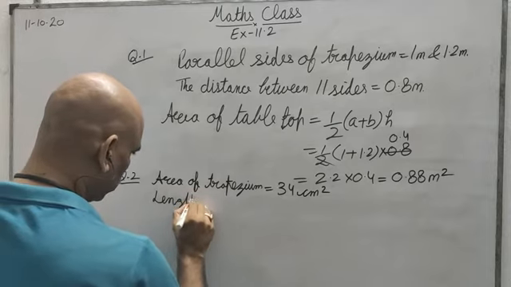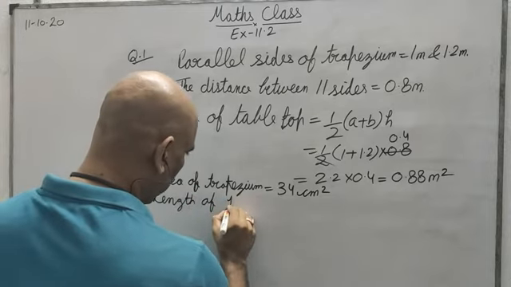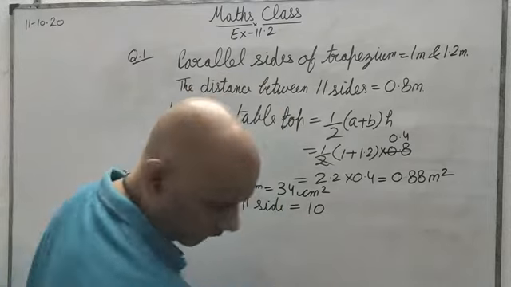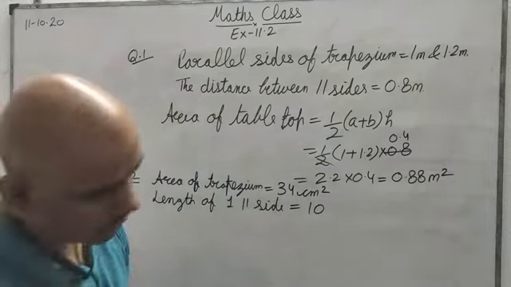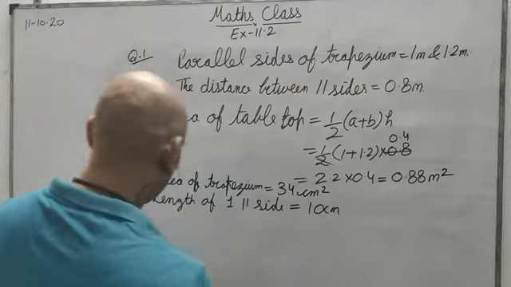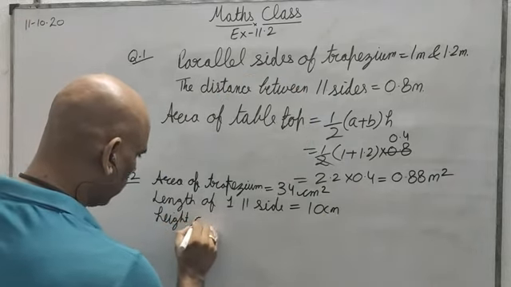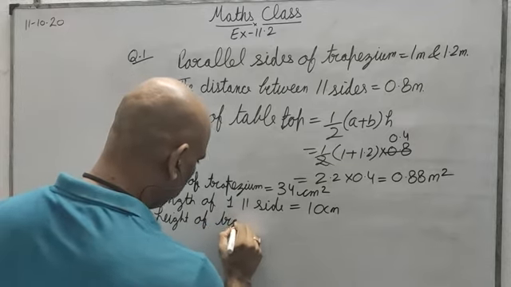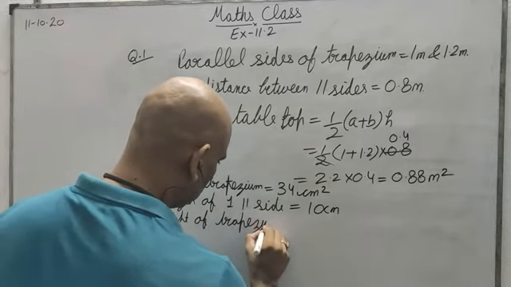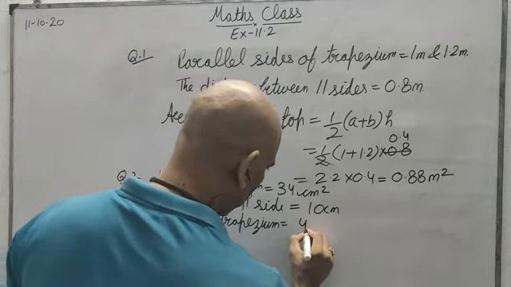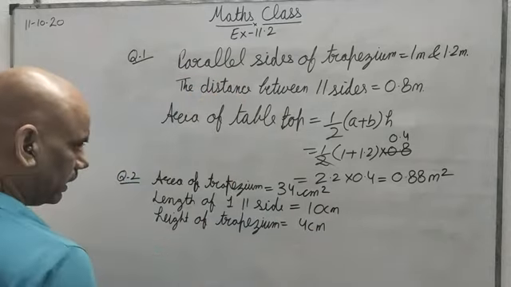Length of one parallel side is 10 centimeter, and height of trapezium is 4 centimeter. Another thing you will have to calculate.